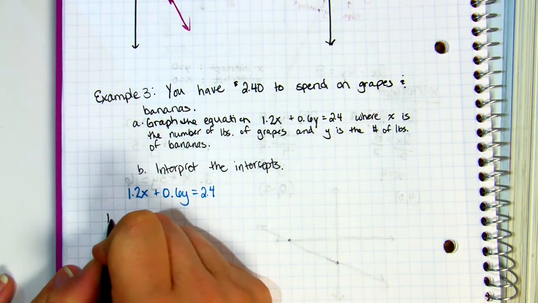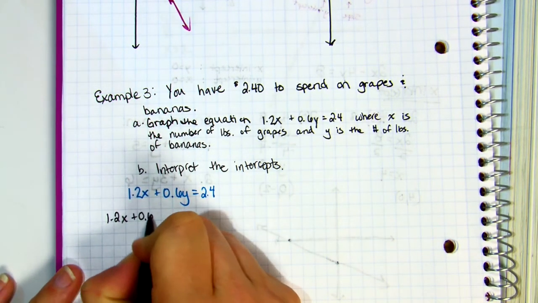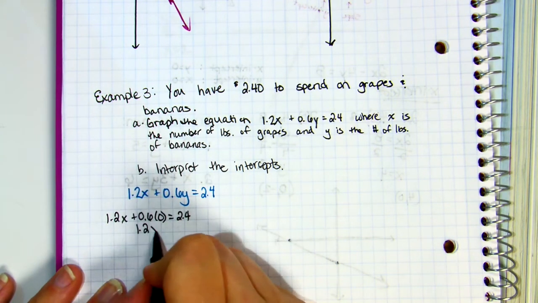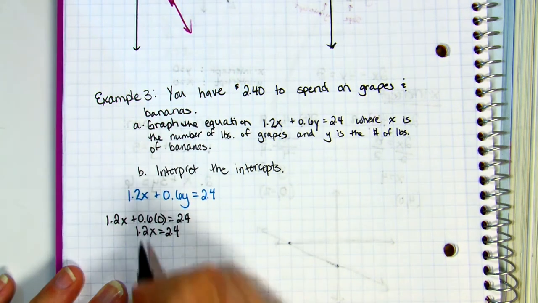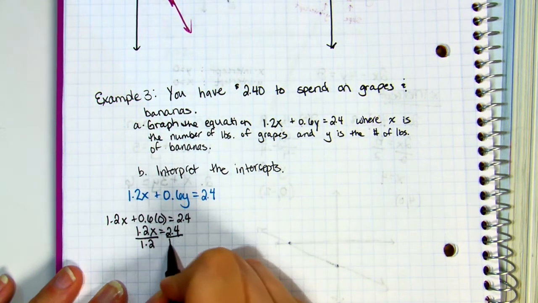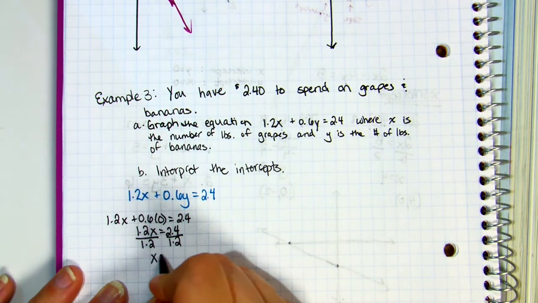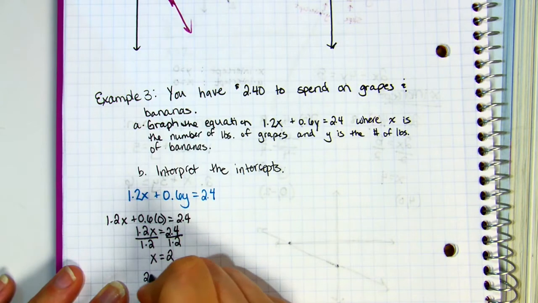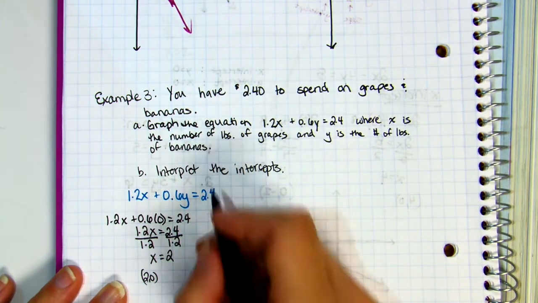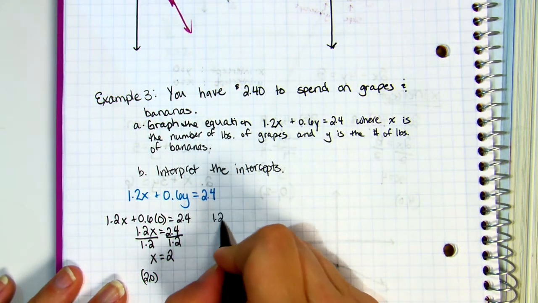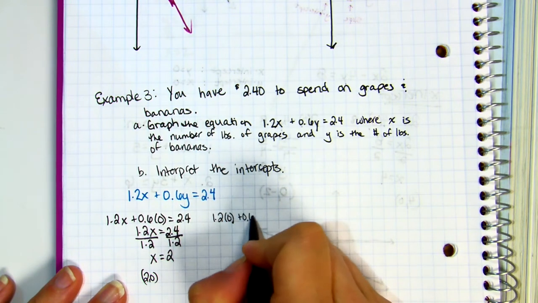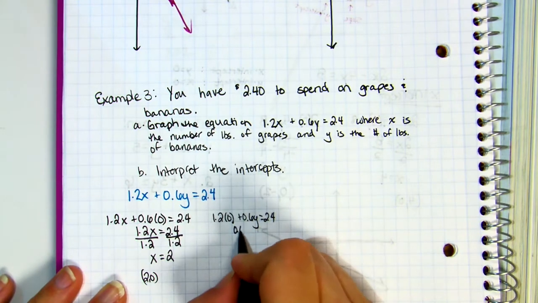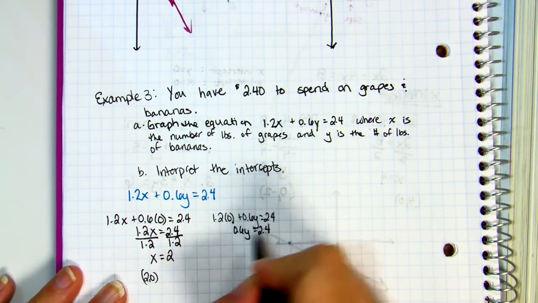That's where y equals 0. So 1.2x equals 2.4. Divide each side by 1.2, and I get x equals 2. So 2, 0 is one intercept. And then 1.2 times 0 plus 0.6y equals 2.4. That's 0, so it's just 0.6y equals 2.4.